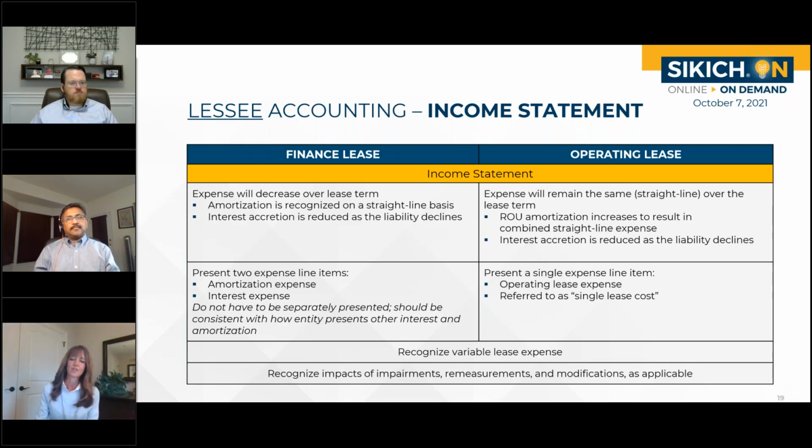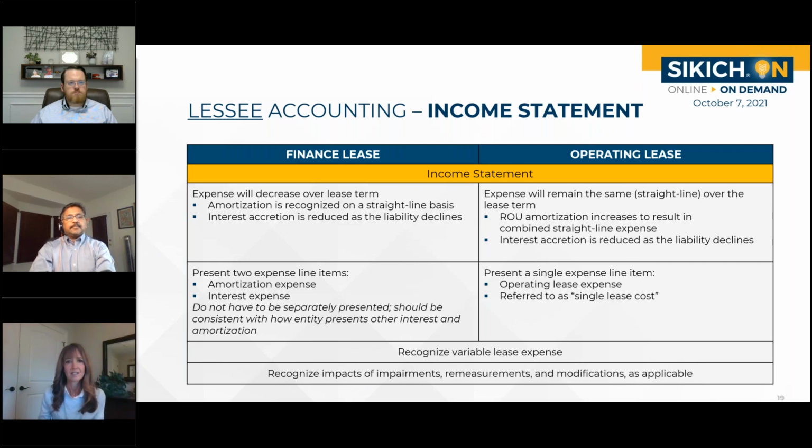On the right side, for an operating lease, total expense will remain constant over the term. The underlying computation of lease expense still has two parts, decreasing the ROU asset and recognizing interest on the lease liability. However, the reduction of the ROU asset will be plugged to result in straight line expense. We have some numbers on the next slide to demonstrate this.